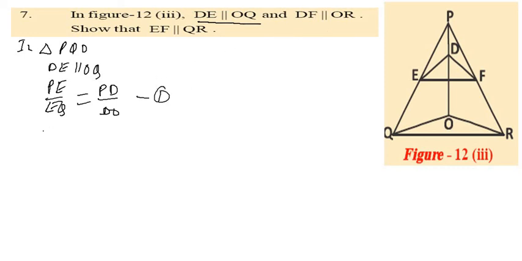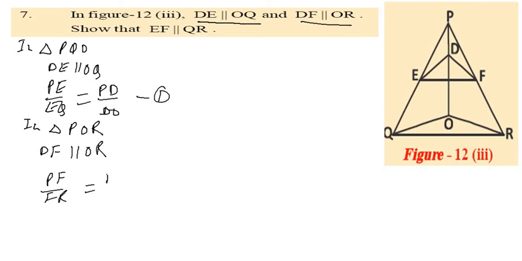Now in second, DF is parallel to OR. So you can say in triangle POR, DF parallel to OR. That means PF upon FR will be equal to PD upon DO.